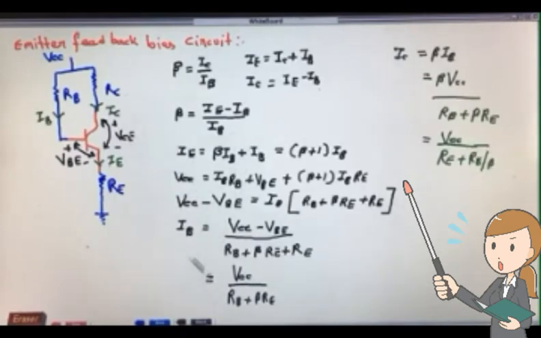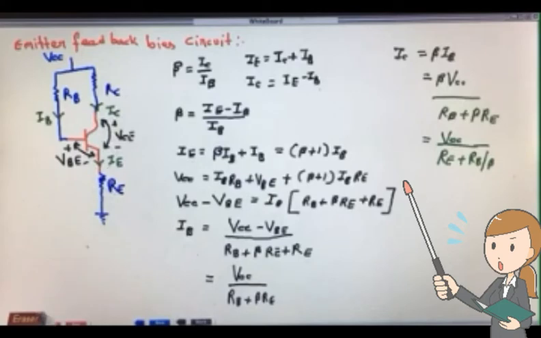Now IB will be equal to VCC upon RB plus beta RE and IC equal to VCC upon RE plus RB upon beta. Now our next step is to apply KVL for the output circuit.